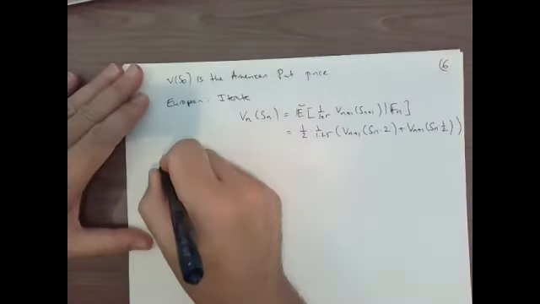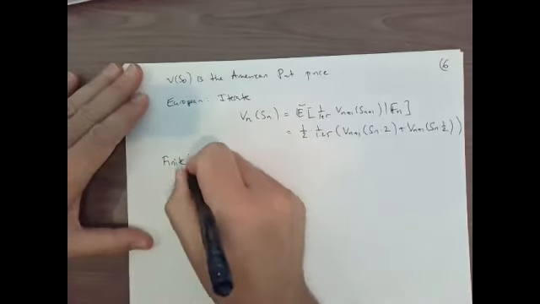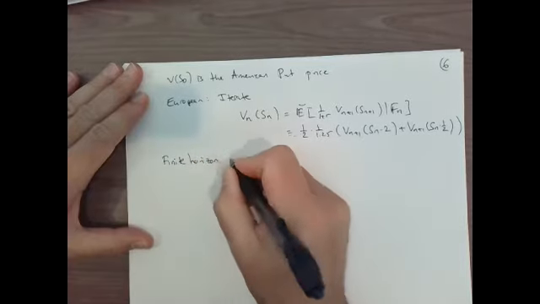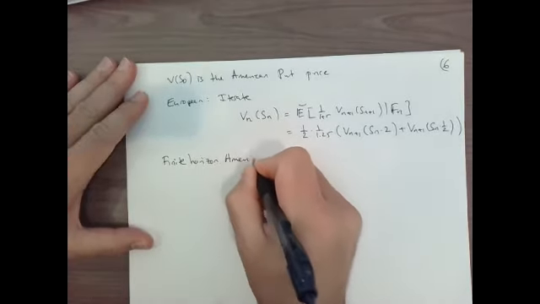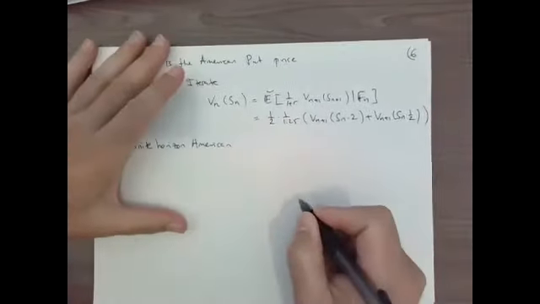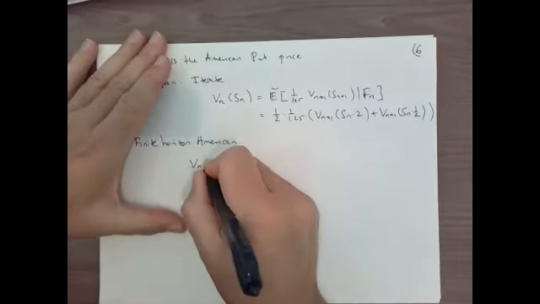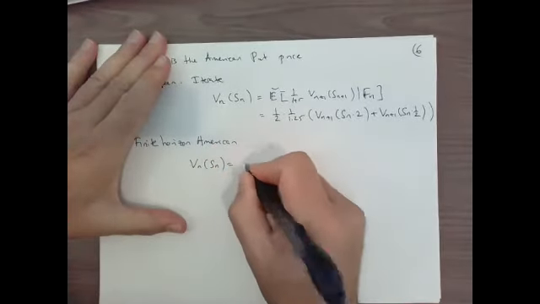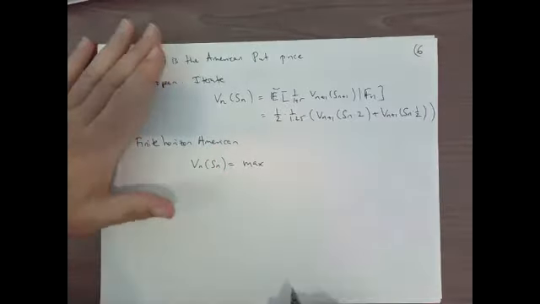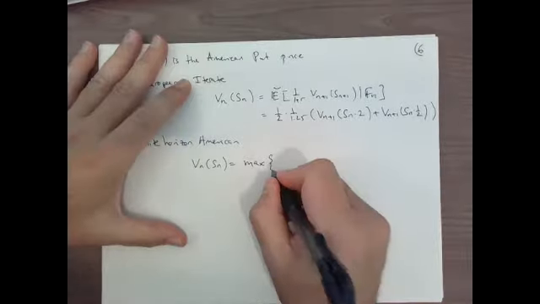And then you have the finite horizon American. It will be very similar. This would just be the max, because you can exercise early.